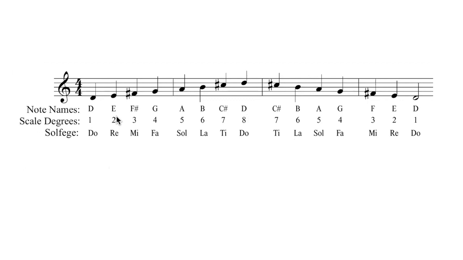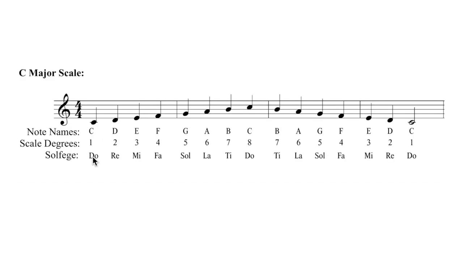So let's go back to the key of C again. 1 is C, which means do is also on C. So the solfege again is do, re, mi, fa, sol, la, ti, do, la, sol, fa, mi, re, do.